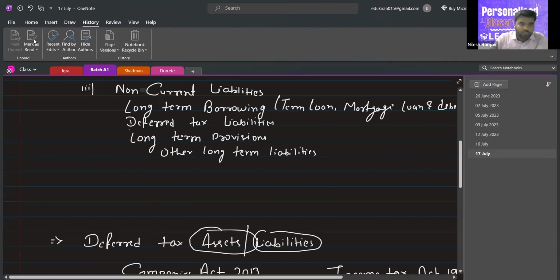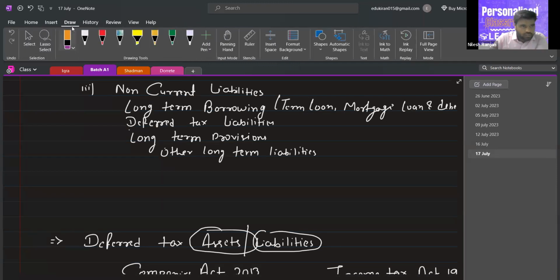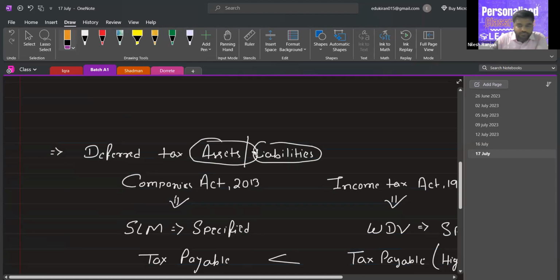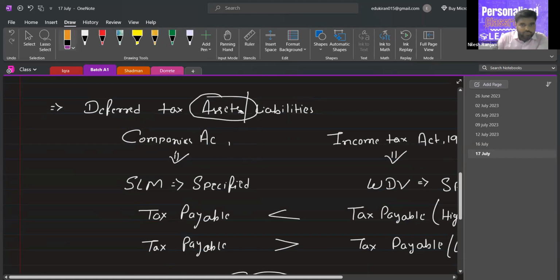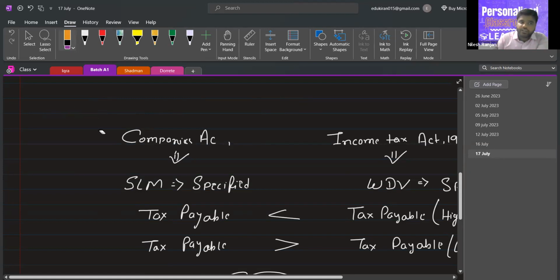Next term is long-term provisions. Now, as we discussed the provision here, can you tell me one or two examples of long-term provisions that we need to pay after 2 or 3 years?